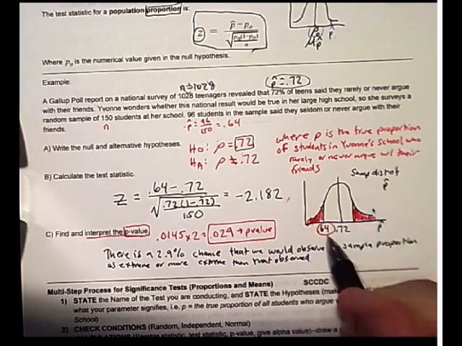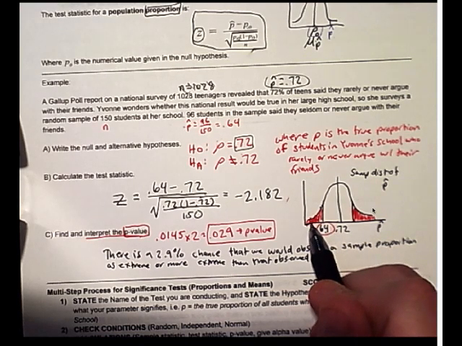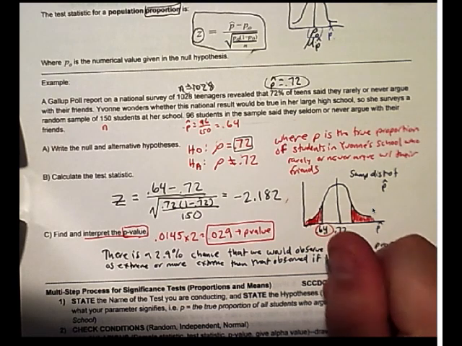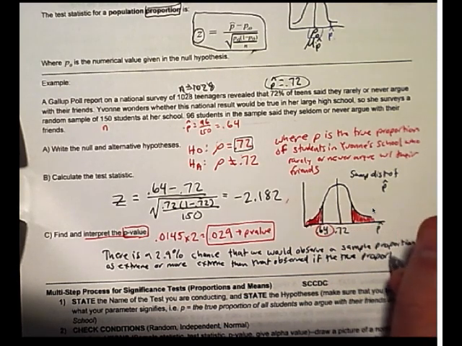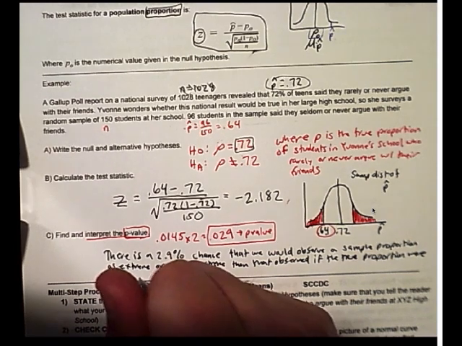Okay, so this is what we observed. So this extreme or more extreme than that observed, if the true proportion were 0.72.